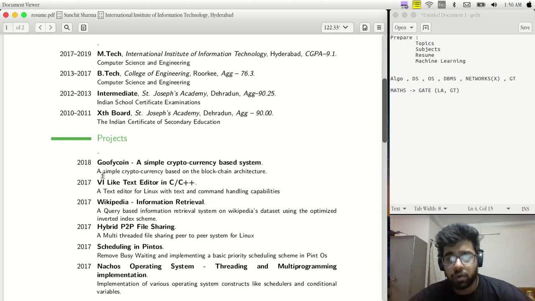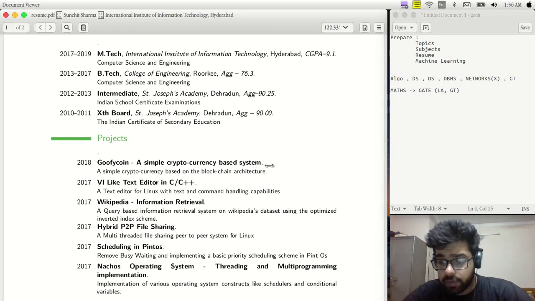If you look at a project, let's say Goofy Coin, a simple cryptocurrency based system, they might ask you what Goofy Coin was all about. Then they might go to cryptocurrency. Then they might go to the blockchain structure, because I've already mentioned it there. Then they might go to the advanced concepts of blockchain.